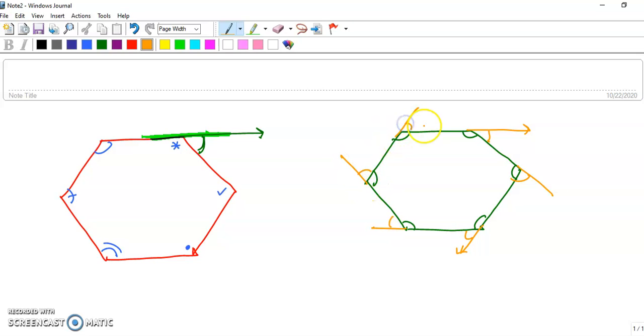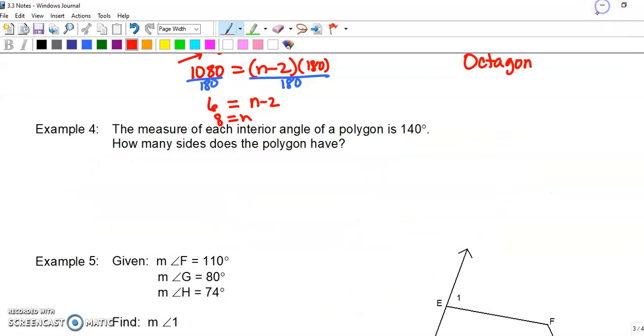There's a theorem that says for any convex polygon, the sum of the exterior angles is always 360 degrees. It doesn't matter how many sides it has. It's kind of my favorite little theorem from geometry.